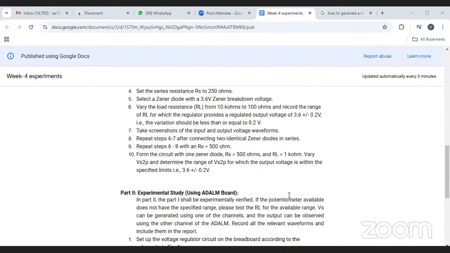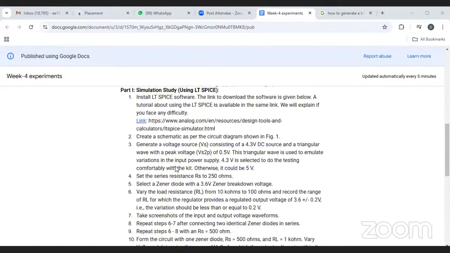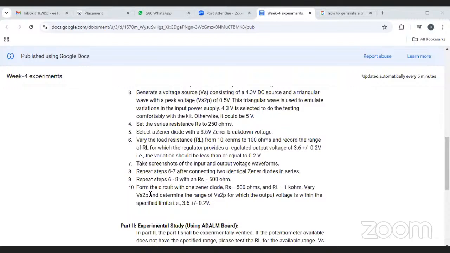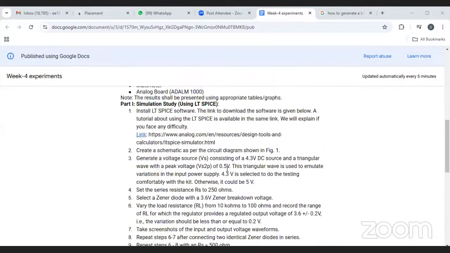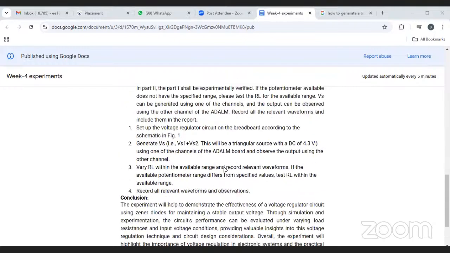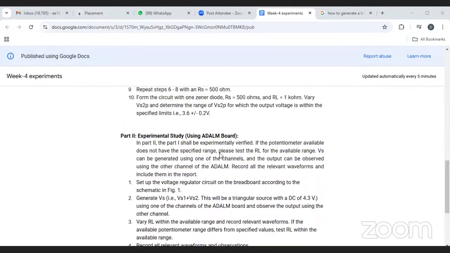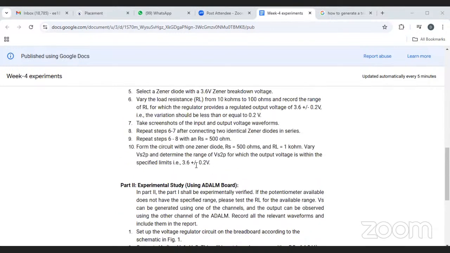So we'll keep RS and RL constant, with one Zener diode, but now we'll vary VS. We'll check up to what range of VS the output voltage is within the specified limits of 3.6 plus or minus 0.2 volts, and to what limits we can get a regulated voltage. That is the first part of the experiment that you will do in the LTspice software.